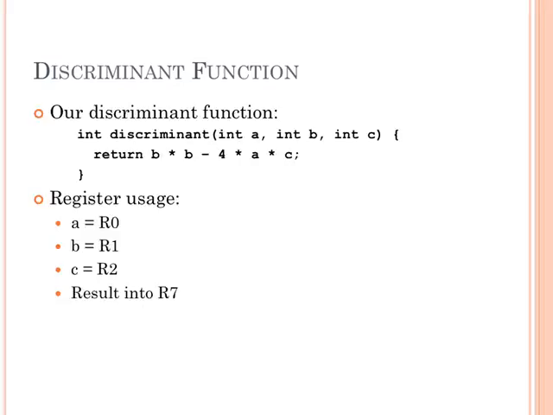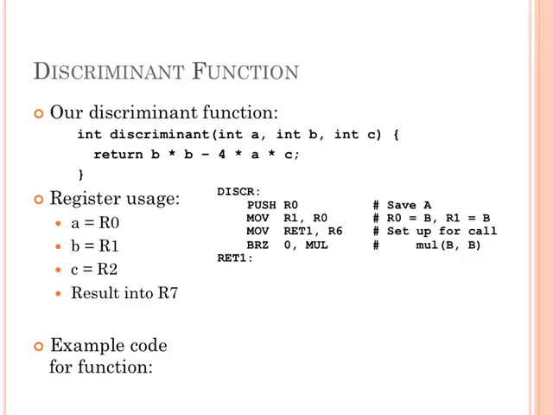So this is our discriminant function. And like I was saying, we can think about the registers that discriminant might use for its arguments. A is going to be R0, B is R1, C is R2, and the result is going to be computed into R7. So this might be what we do. Remember, R0, R1, and R2 are A, B, and C. So I need to compute B squared first.